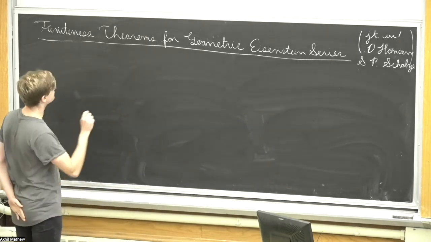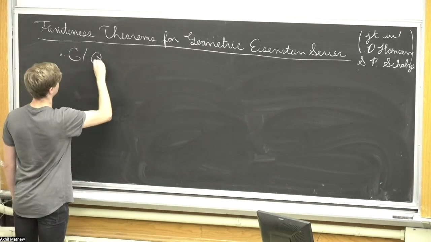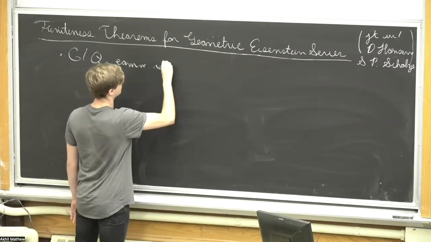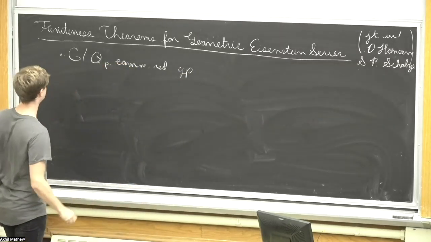Right, so let me just start. I'm going to take G, a connected reductive group over, let's just say, the p-adic numbers.